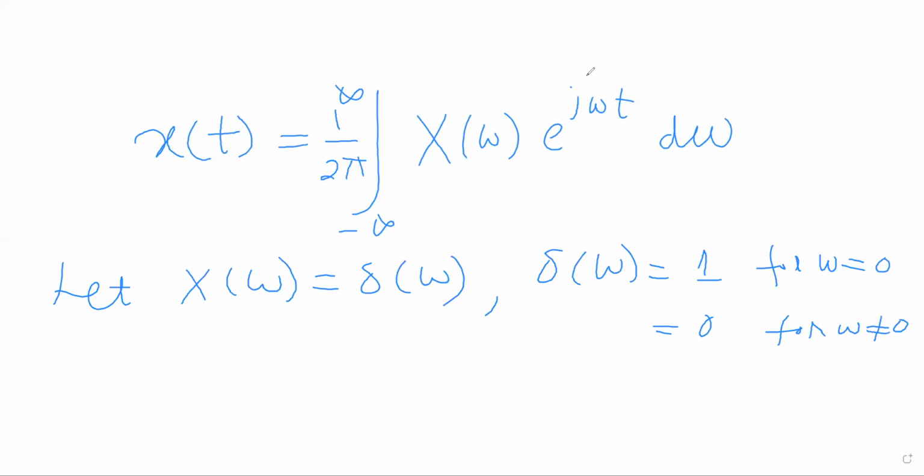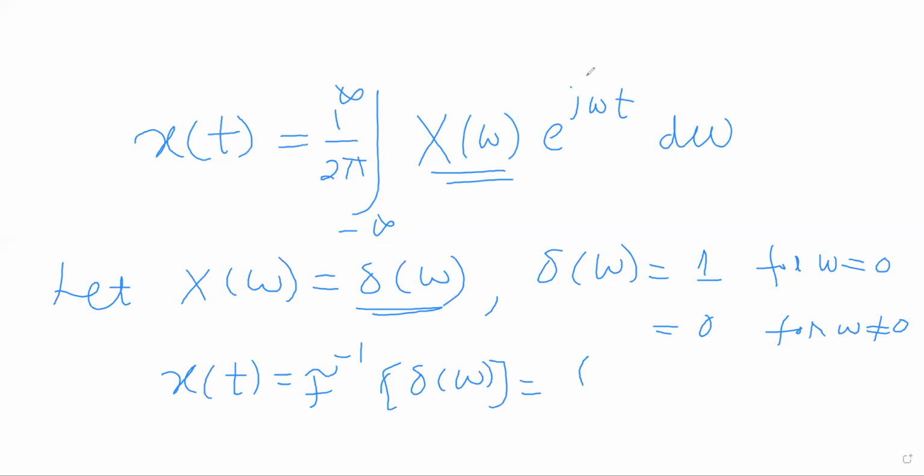By substituting delta omega in place of X of omega, x of t, the inverse Fourier transform of delta omega, can be found by writing 1 by 2 pi integral from minus infinity to plus infinity of delta omega e to the power j omega t d omega.